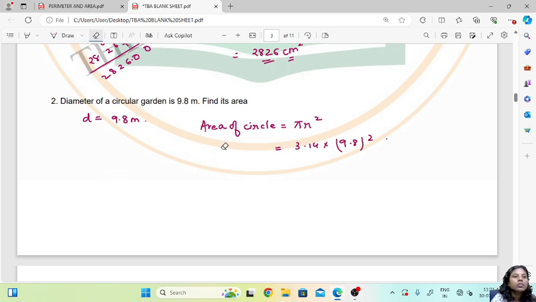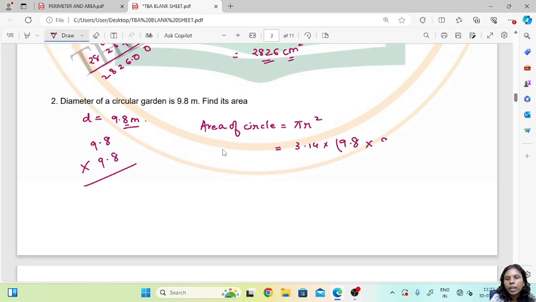So 9.8 into 9.8. Here we have to take 9.8 and let's open it and write to understand the units part of it.